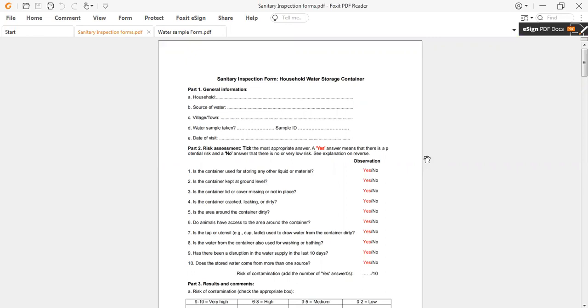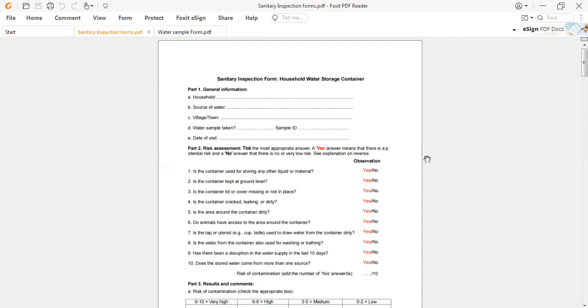See explanation on reverse. This part B is where you do the real work: you carry out observation and inspect your water source to know what is going on, and from here you'll be able to give a conclusion about that water source.